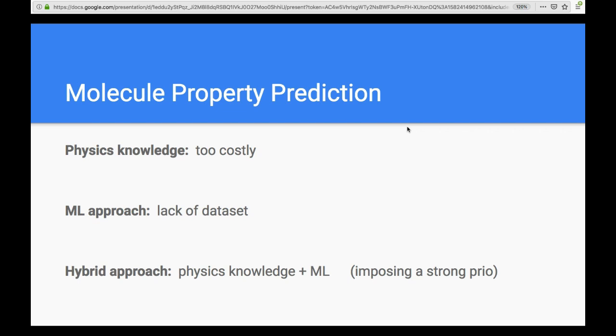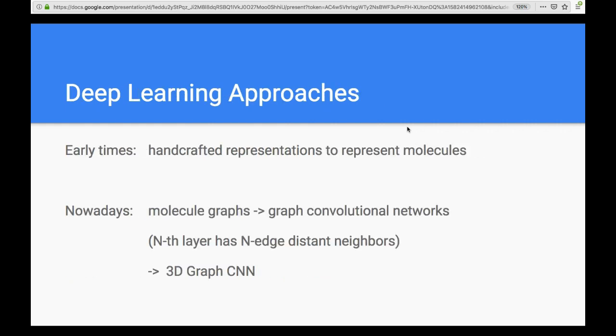We need to know where the carbon is and where the oxygen atoms are, and we also need to know how far away they are from each other, and those are geometric relationships. We need to know all that so we can perform our quantum mechanics calculation. So that's why for the machine learning model, you also need to have that kind of information, basically to let the model understand a little bit about physics.